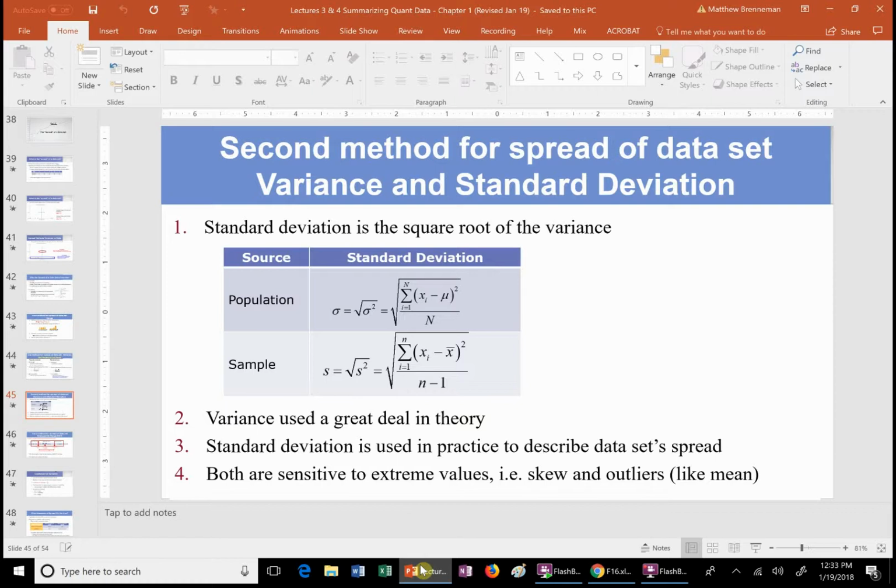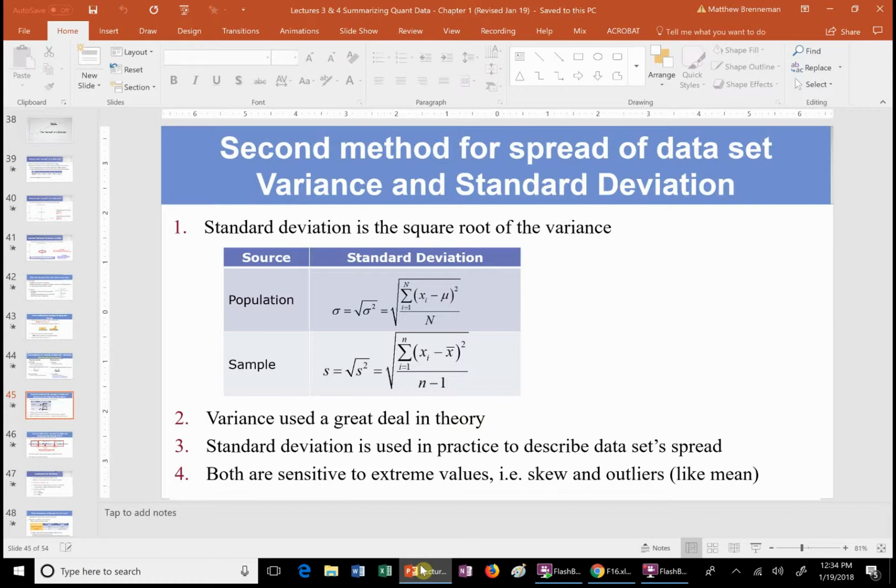So usually we take the square root. So one way to think about this is we're interested really in what we call the standard deviation. And so whether it's the population or the sample, the standard deviation is always the square root of the variance. Okay.